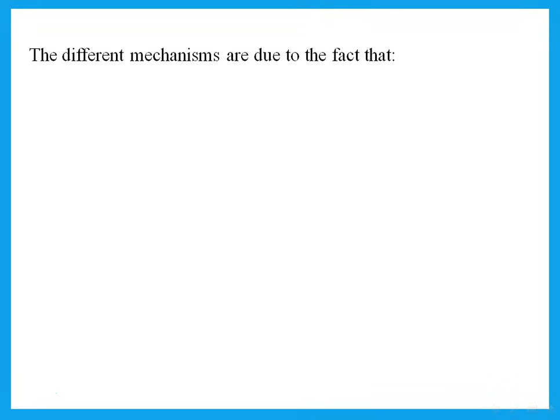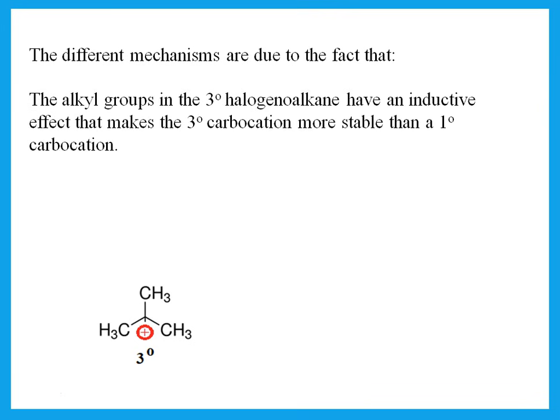And these different mechanisms, if we say why does this happen, it's because the tertiary halogenoalkane, when it forms a carbocation, you should realize that this carbocation is more stable as a tertiary because the alkyl groups which are the CH3 groups around it, they have an inductive effect. That means they sort of donate electrons to stabilize this tertiary carbocation. So this is more stable than if we were talking about a primary carbocation.